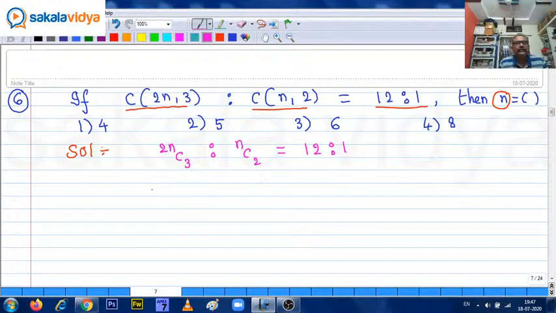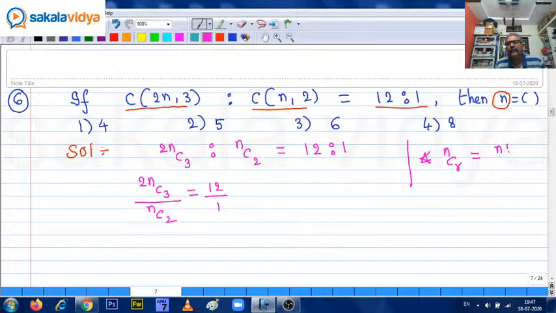So that means 2nC3 upon nC2 equals to 12/1. So we have the formula NCR equals to n factorial by n minus r factorial into r factorial. Am I correct?